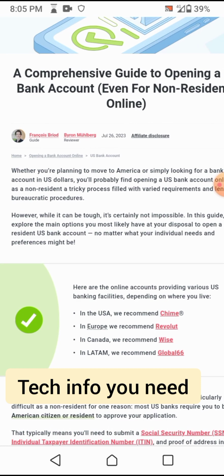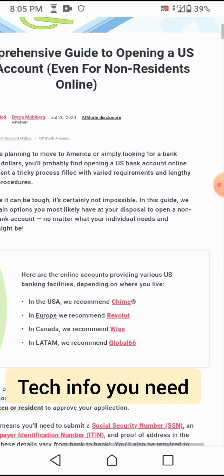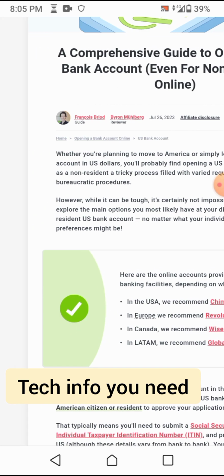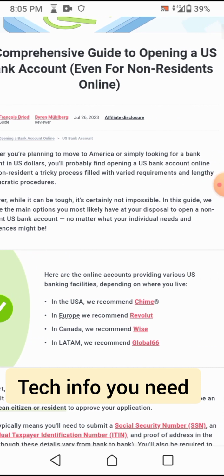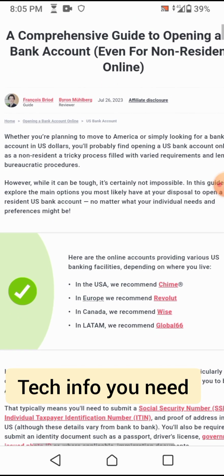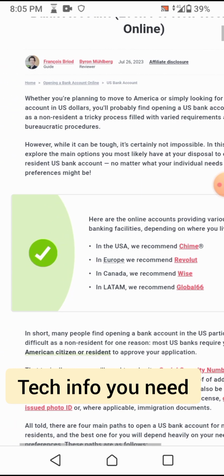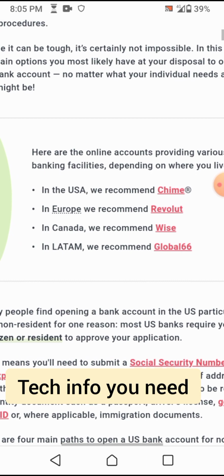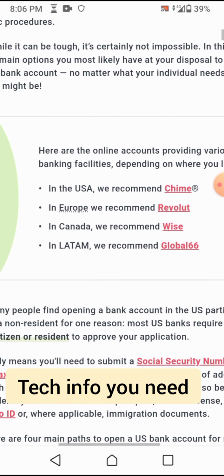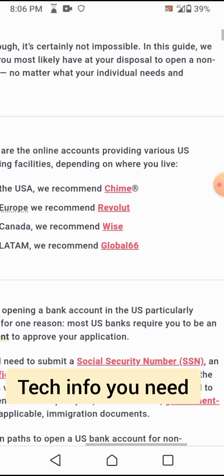However, while it is certainly not impossible, in this guide we explore the main options you most likely have at your disposal to open a non-resident US bank account. No matter what your individual needs and preferences might be, there are online accounts providing various US bank facilities depending on where you live.